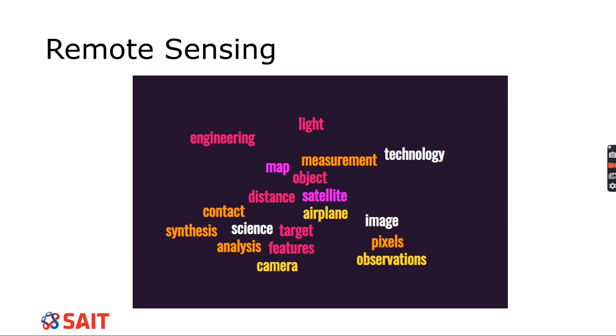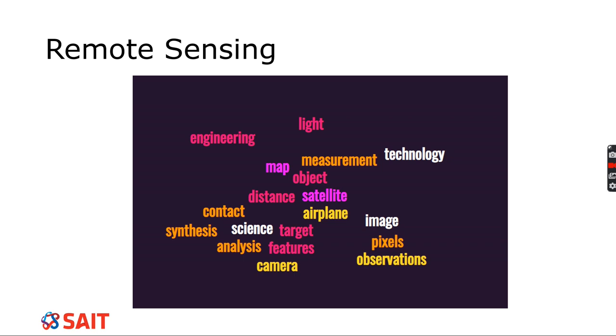So remote sensing takes in a lot of different things. And the biggest part about remote sensing, especially in environmental technologies like what you guys are working on, is that remote sensing covers any aspect of the environment that you can imagine, right?